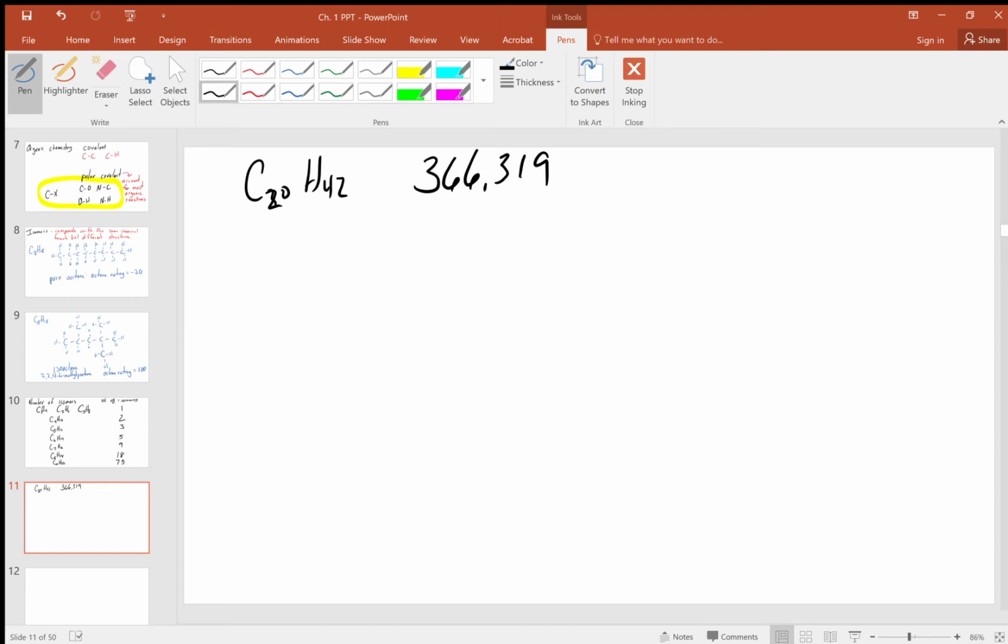So one of the important points here is that chemical formula is no longer good enough to describe what the compound is. Once we get above a couple of carbons, we need to have structures or names. And this only gets worse. What if we have 40 carbons?